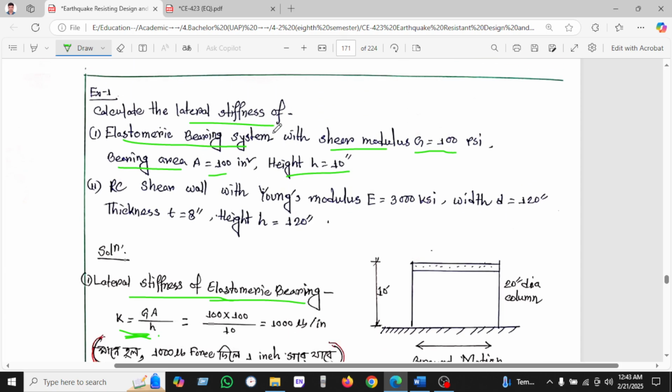Okay, so we have to calculate the shear stiffness. An RC shear wall with Young's modulus given as 30 psi, thickness 8 inch, and height 120 inch, which is 10 feet.